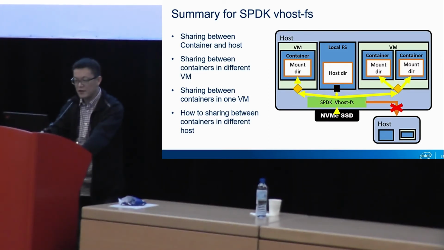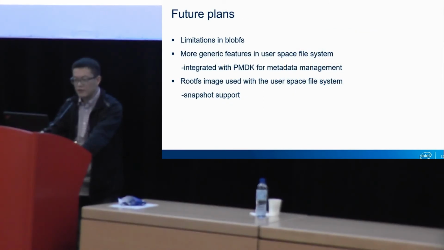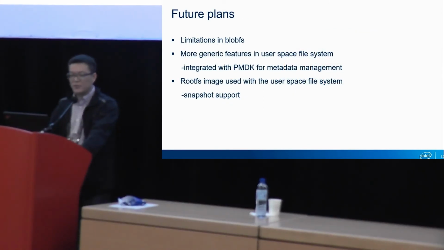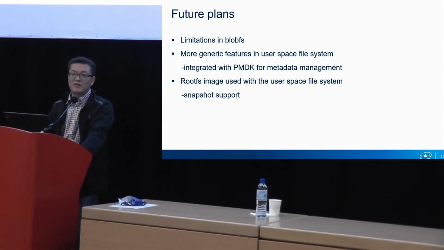So we'll go to the final part. As I mentioned in the previous slides, at first, Blobfs was designed for RocksDB only, so that means we can only support RocksDB. Looking at RocksDB's data streams, the I/O from RocksDB is very simple because it only sends write requests with append write.